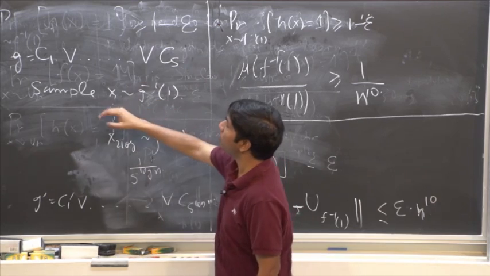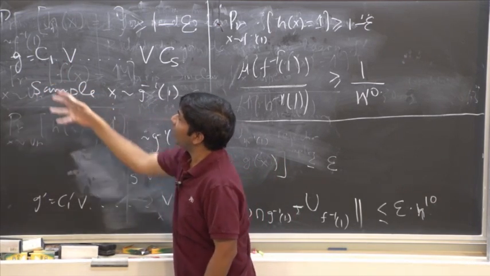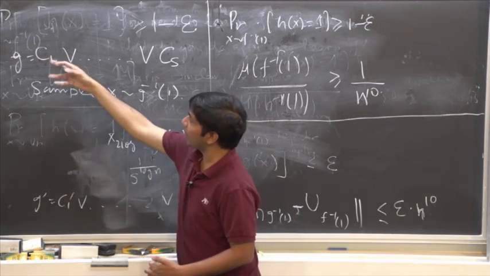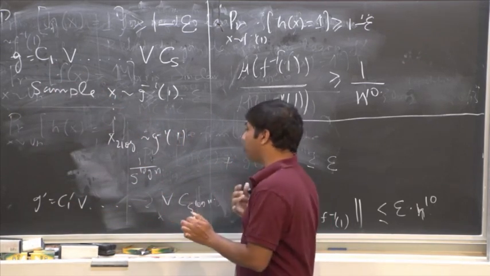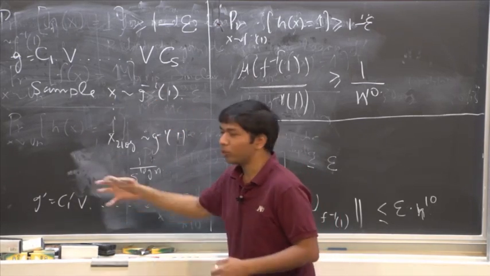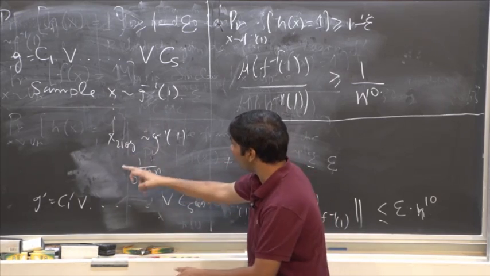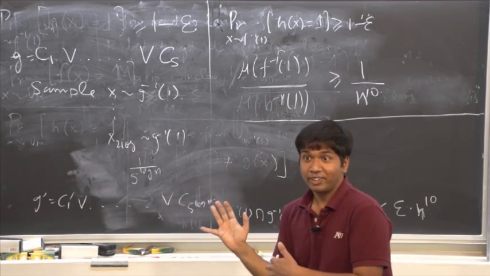You have to do something more, but I am not mentioning that here. The point is that almost all satisfying assignments of G will be satisfying assignments of G prime. What will be true is that G prime will not have too many more satisfying assignments, too many more meaning n to the log n. So that is how we create a densifier.